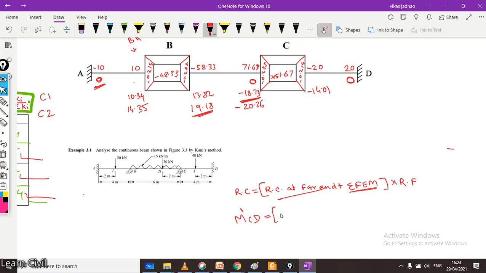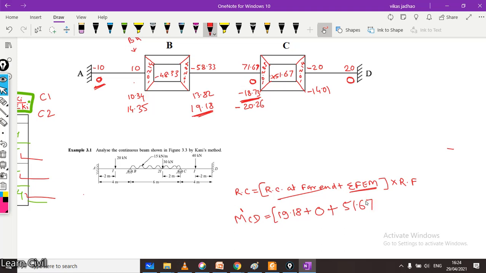So 19.18 plus this 0, plus 0, plus fixed end moment 51.67.